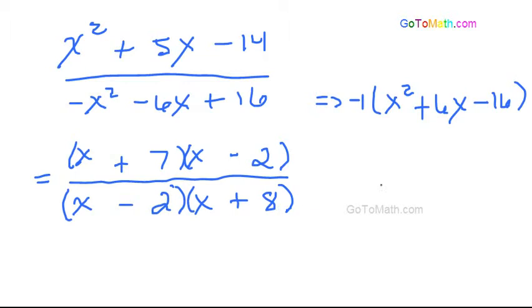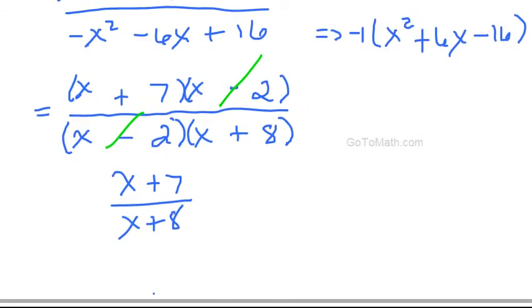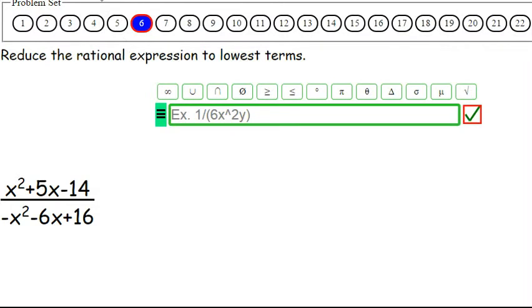And negative 2 times 8 is negative 16. So now what we can do is some canceling. We'll cancel those guys out. Now we're left with x plus 7 over x plus 8. So if you could see that. Okay. X plus 7 over x plus 8.